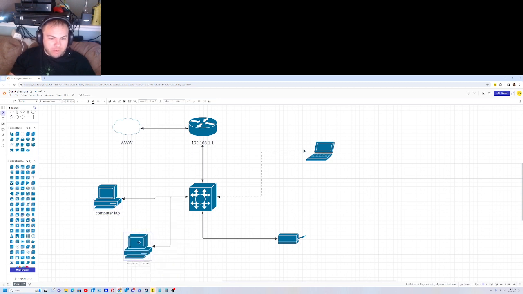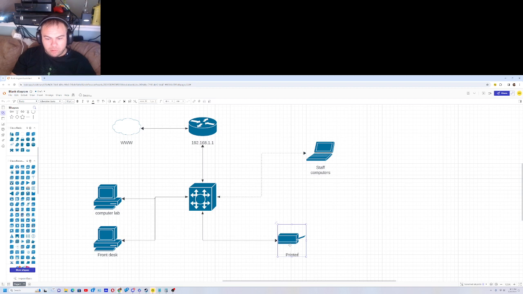We have our administrators, okay, so front desk, administration offices. Then we have our staff computers. And then we have printers and everything else. Well, we'll call this actually wireless computers. How about that?